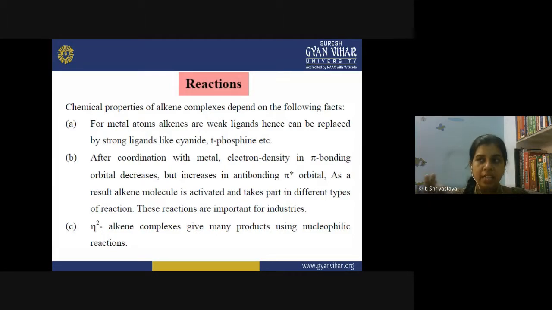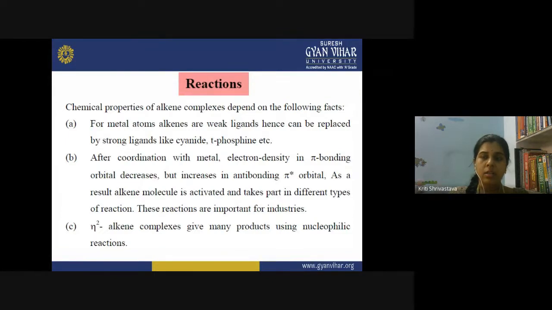The free alkenes are known for their electrophilic reactions, electrophilic additions. But when the alkene is combining with the metal atom and present inside the coordination sphere, forming a complex, what will happen? Now the properties of the alkene molecule are changed as compared to its free state.